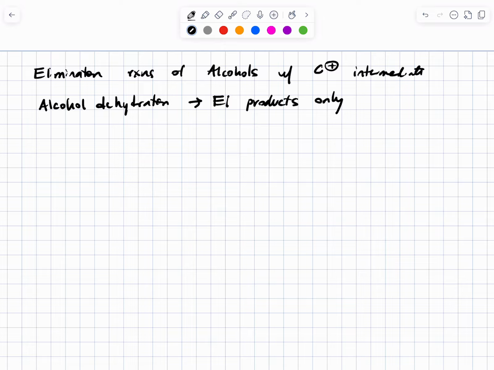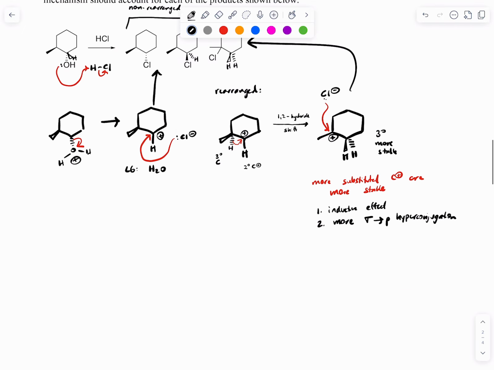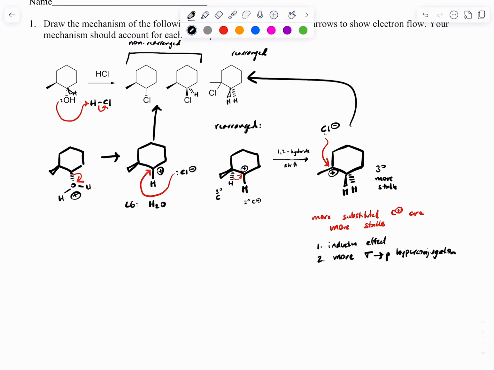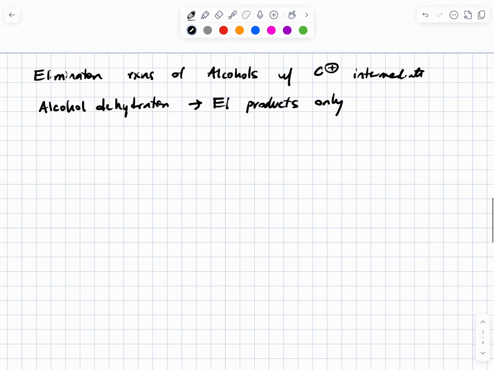This is going to be another example where you see elimination products instead of substitution products, just like what we did previously where you saw only substitution products. So that's a minor detail that you're just going to have to get comfortable with. If you have to memorize it, that's fine. We don't really have a great explanation for it.